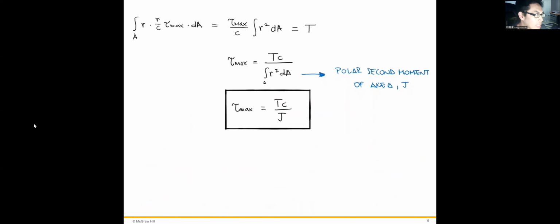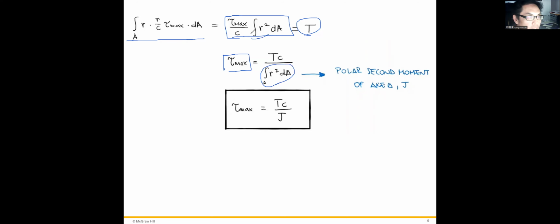So what we get, this term from the last slide, equals the torque. And we just rearrange it. So the maximum shear stress equals the torque, because we usually know the torque that we apply to a shaft, times the radius of the shaft, which you must know, over this term.